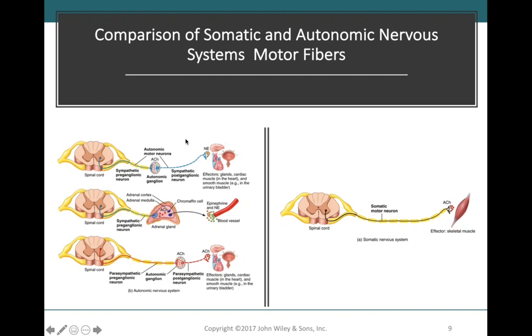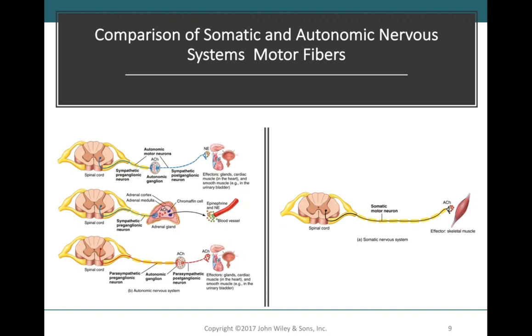Now this top picture is showing us sympathetic preganglionic and postganglionic neurons, and down here we see our parasympathetic preganglionic and postganglionic neurons. We really haven't discussed the difference between sympathetic and parasympathetic neurons yet. But in comparison to the somatic nervous system, we can see that we'll have both acetylcholine being released at these synapses as well as norepinephrine.